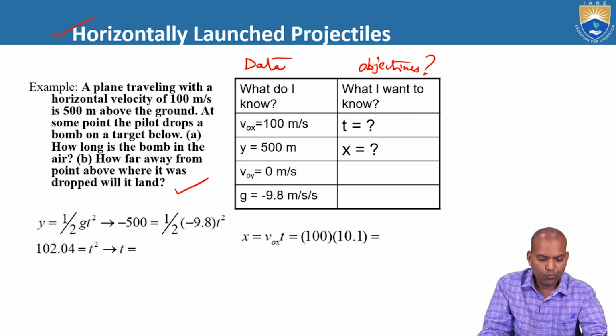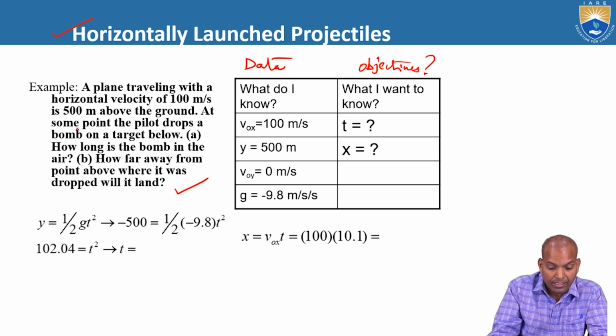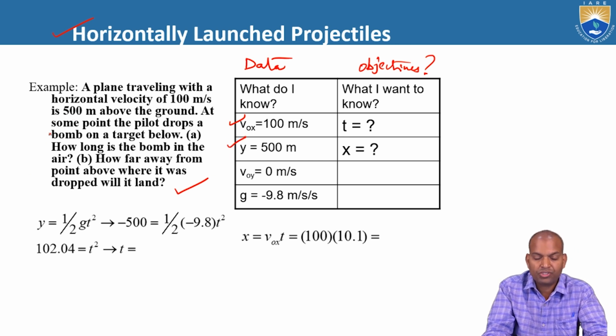We know that v_ox, the horizontal velocity, is 100 meters per second. And the distance y is 500 meters above the ground, the vertical 500 meters.